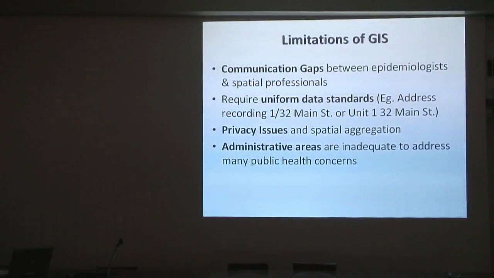The second, GIS requires uniform data standards. For example, epidemiologists try to georeference a database, but patients' addresses could be in different formats. There is an example, and sometimes it's difficult to process georeferencing.